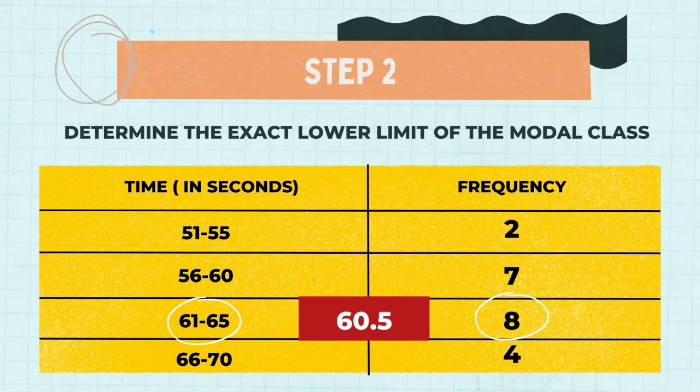Step 2. Determine the exact lower limit of the modal class. To do this, we just have to subtract 0.5 from the lower boundary of the modal class. That is 61 minus 0.5 is 60.5.